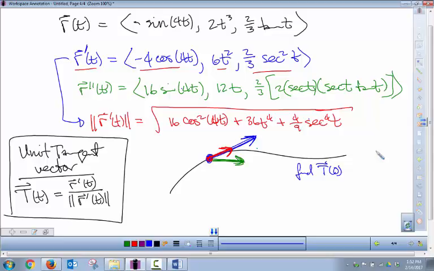I just put 0 in, right? So let's put 0 into the top. I get 0 and 0 and 0. That's no good.